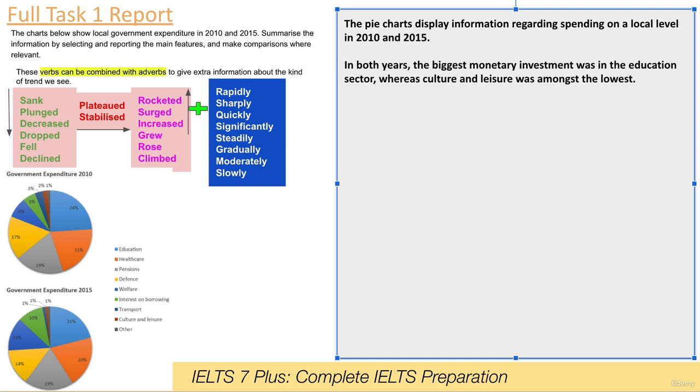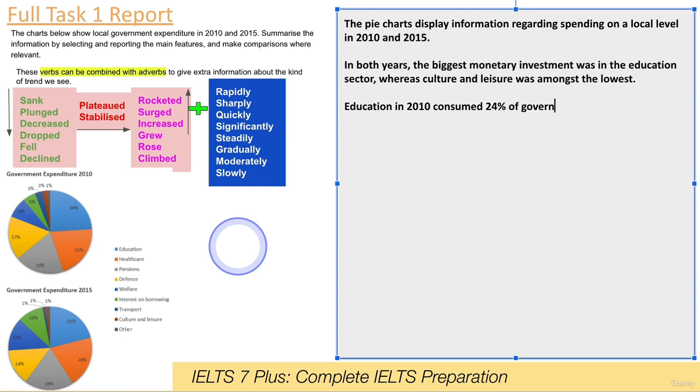Okay, so government expenditure in 2010. Let's make a start, and we can talk about the education sector to begin with, and perhaps the other two high categories as well, healthcare and pensions. Okay, so education in 2010 consumed 24% of government.